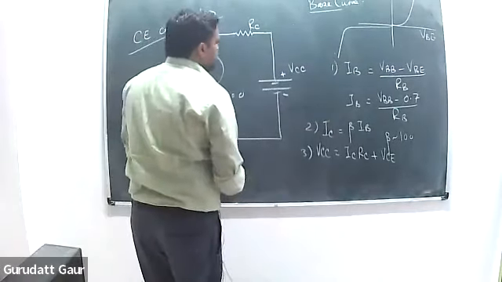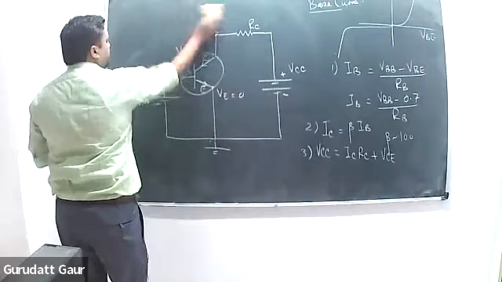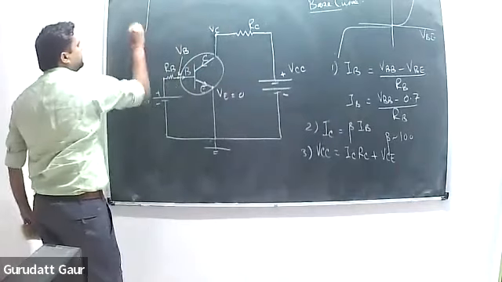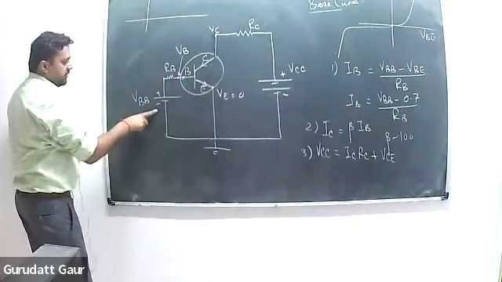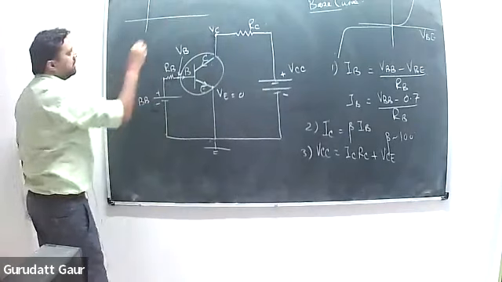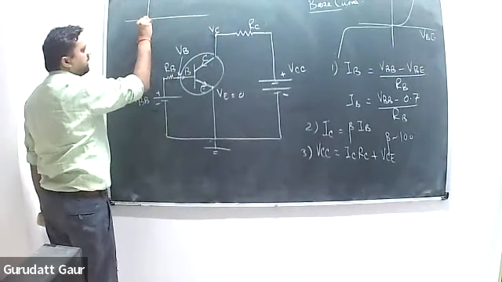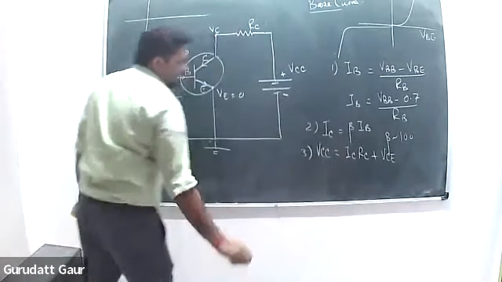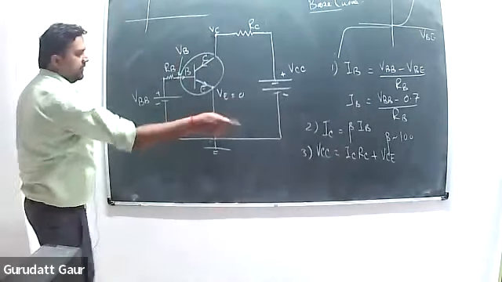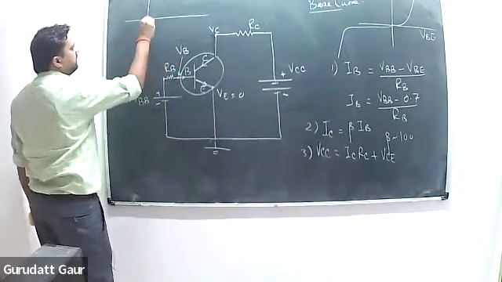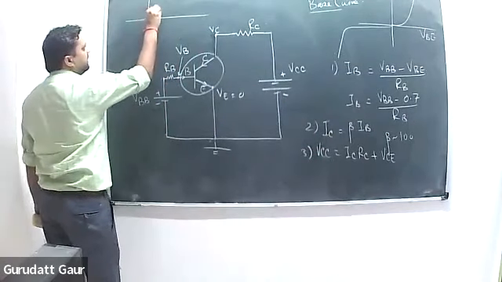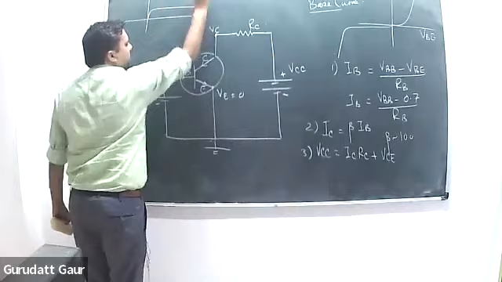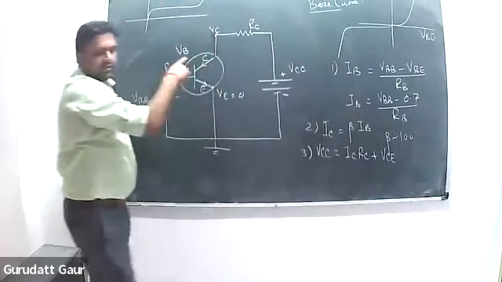So the collector characteristic will look like this. For a given voltage VB, there will be some current IB. At that particular IB, which you should have been given, there will be an IC, which will vary with the VCE. So this curve will be basically inverted. It will become like this. It is the same reverse curve, but with the reverse sign.